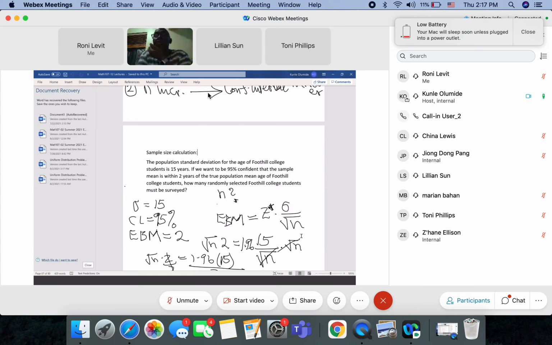Now you just need to solve for n. I got the same answer as Lillian. What did you get? 3.834. Okay. Anybody else? Something is telling me that that could not be the answer, but I may be wrong.